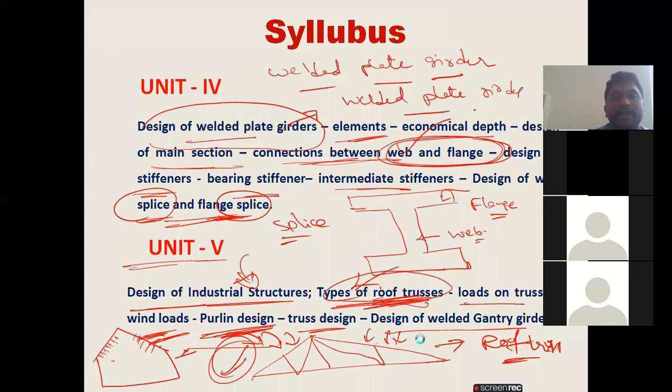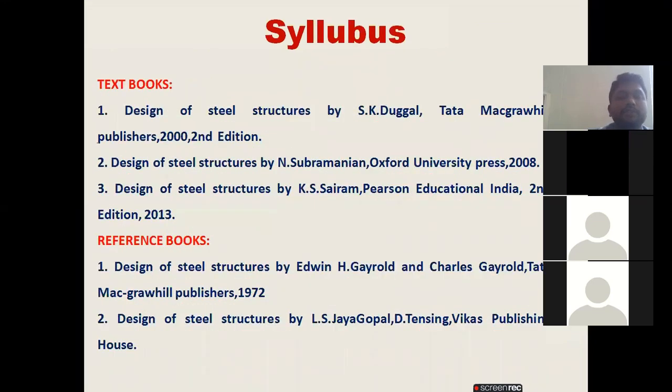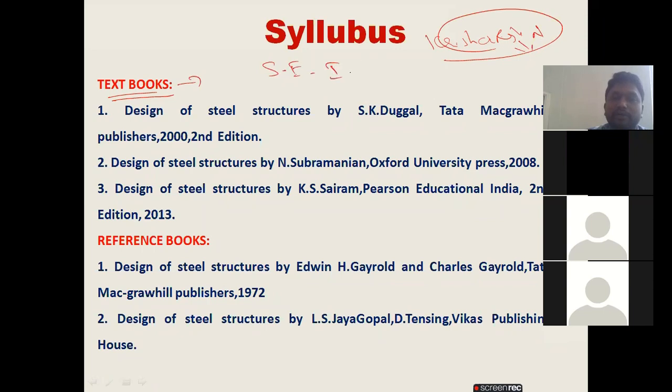Okay, and next, coming to the textbooks, my dear students, if you observe, for RCC, the N. Krishnamraju textbook is there, for the RCC structures in the previous semester. But coming to this semester, Structural Engineering 2, steel, we call it Design of Steel Structures by S.K. Duggal.